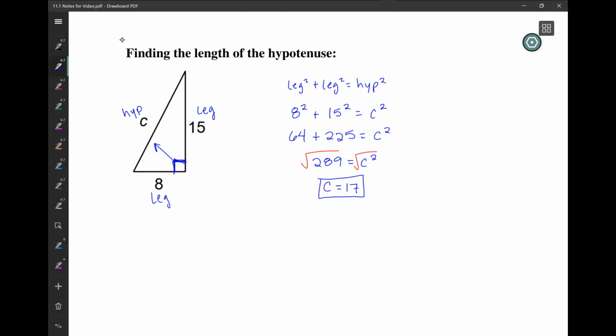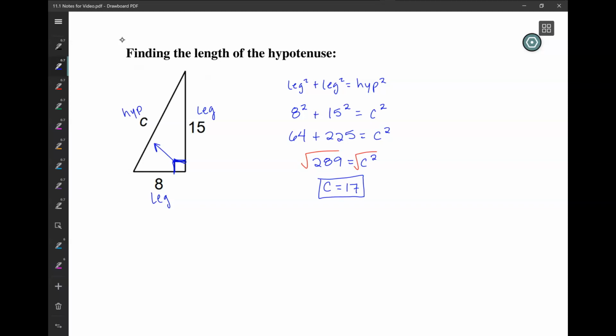So here I want to make sure that my answer is bigger than both 8 and 15, and it is. 17 is longer than 8 and 15, so that's good. Make sure the hypotenuse is the longest side in the triangle. That's a good way to just double check and make sure you didn't make a mistake somewhere along the line.